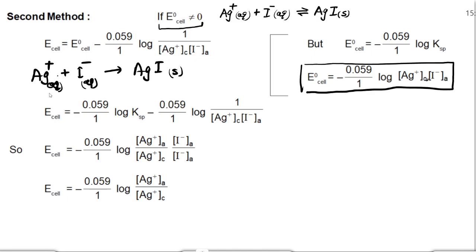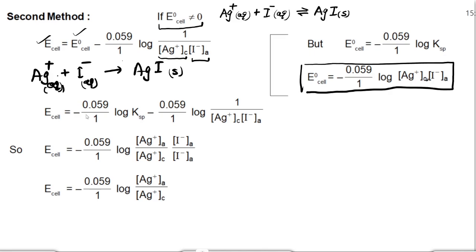So write the equation for it. E cell equals E naught cell minus 0.059 upon 1 log of 1 upon Ag plus cathode into Ag plus anode.